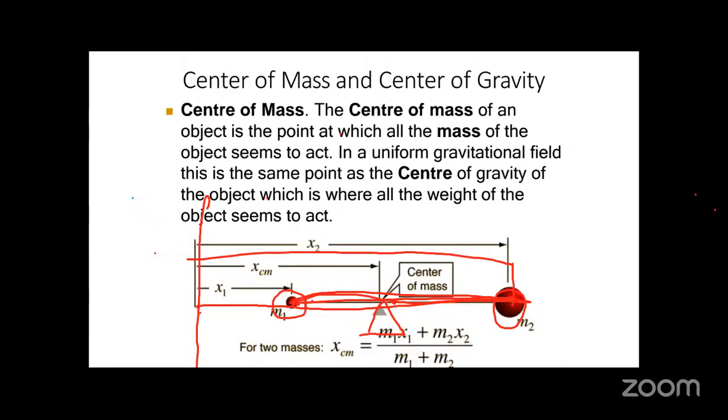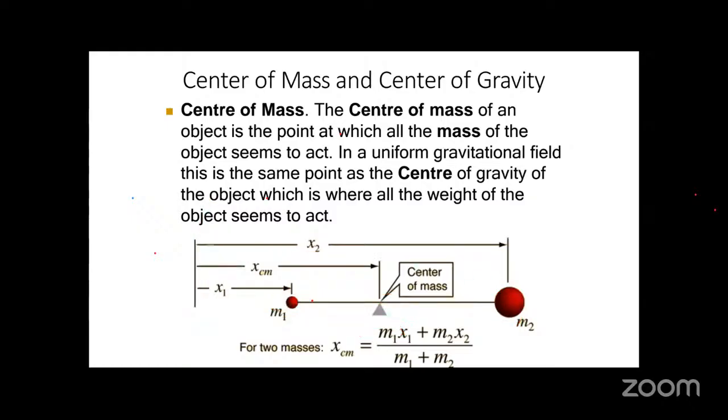Where the two objects are from the origin. So now, if you understand that, object 1 is x1 from the origin. Object 2 is x2 from the origin. So now, where will the center be? If I want to find the center to balance these two objects, that is why you have the center of mass. That is this center.